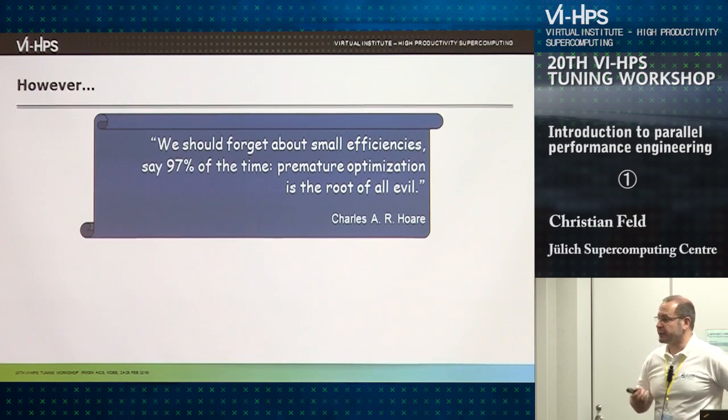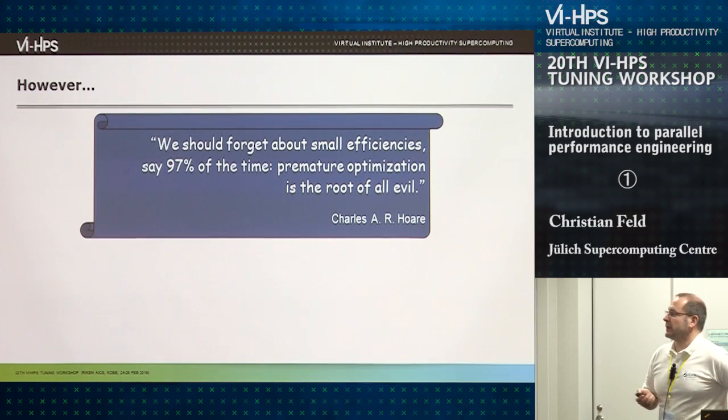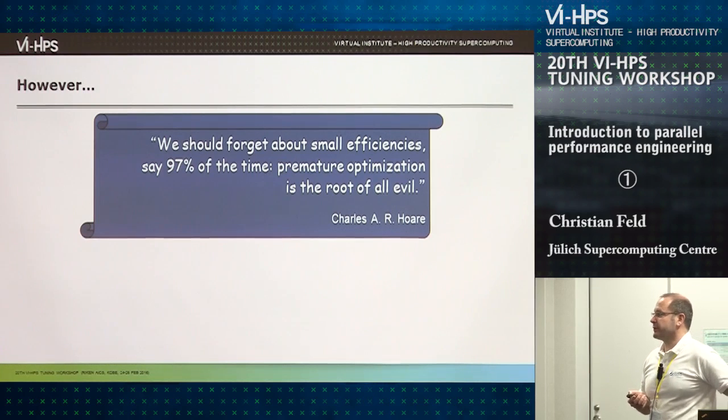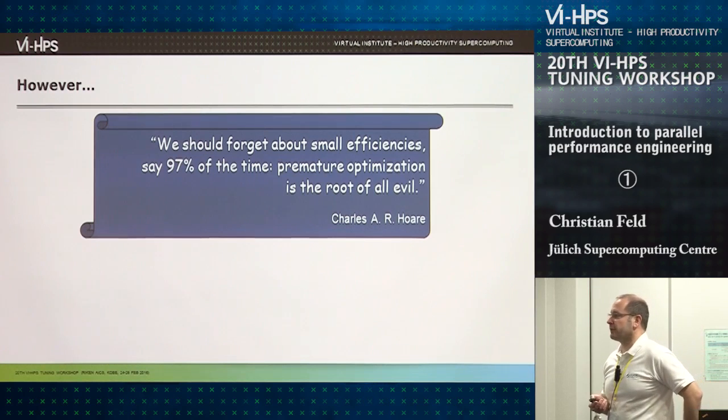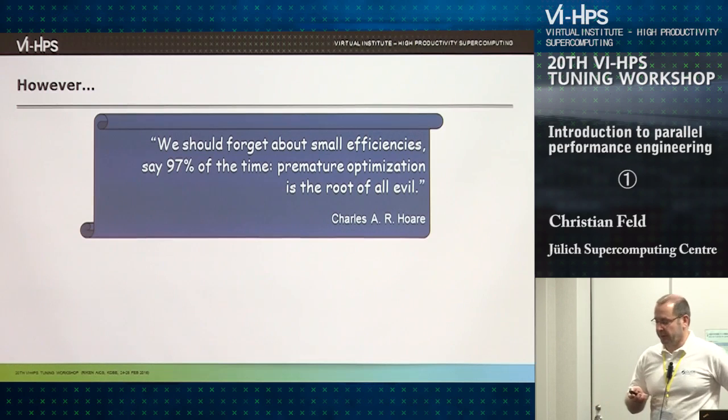Okay, but you shouldn't overdo optimization. This is a famous quote from Charles A. Hoare, but I think it's also attributed to Donald Knuth: we should forget about small efficiencies, say 97% of the time. Premature optimization is the root of all evil.